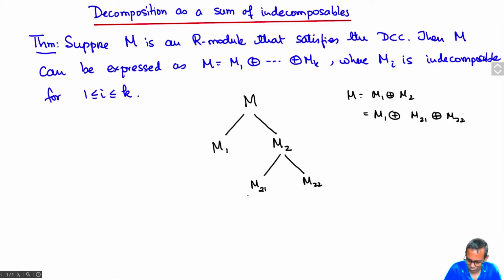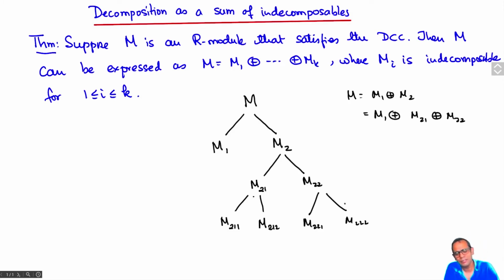So in that case, what we would do is we would go on to M211, M212, M221, M222, and then again continue this. The process either goes on indefinitely or it must stop after finitely many steps.